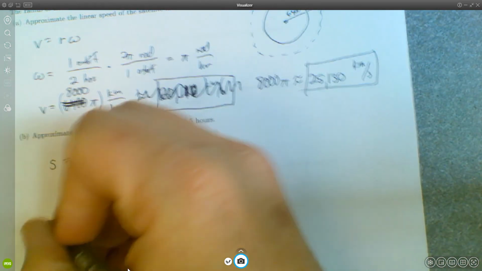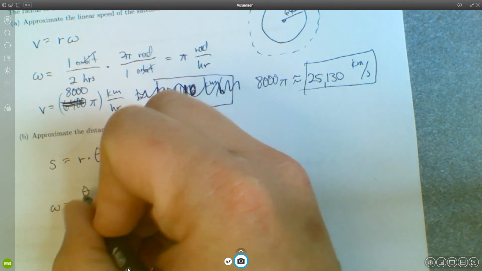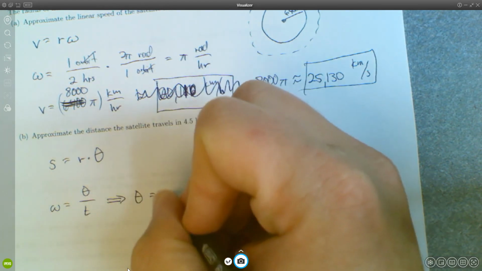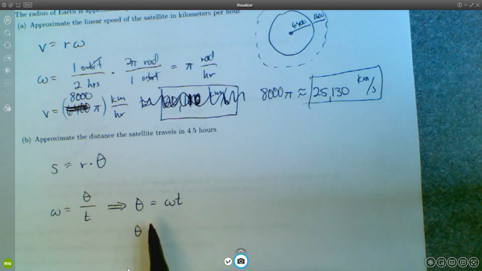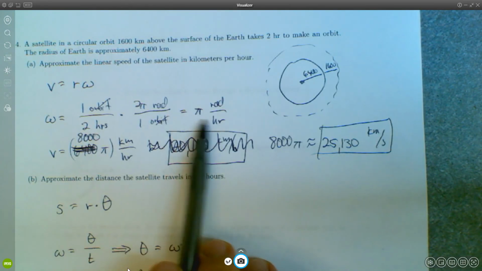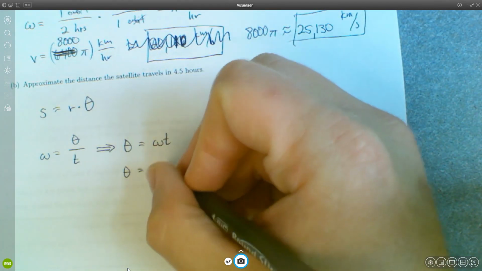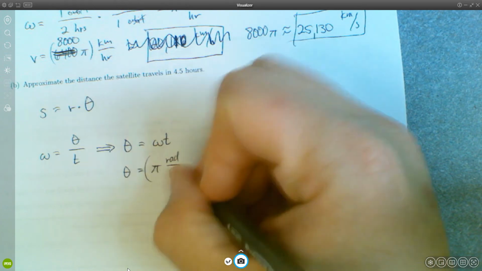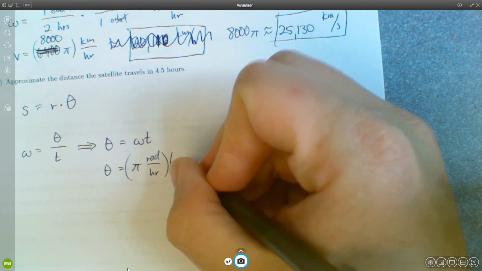So we know that omega equals theta over t, so theta is omega times t. Omega we found in the previous problem, that was pi radians per hour. So this is pi radians per hour times t, 4.5 hours.